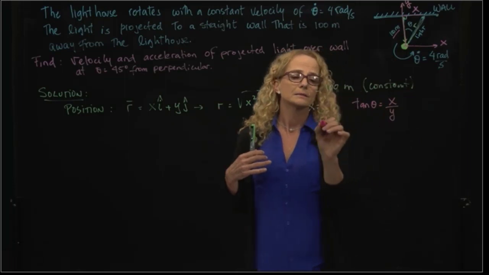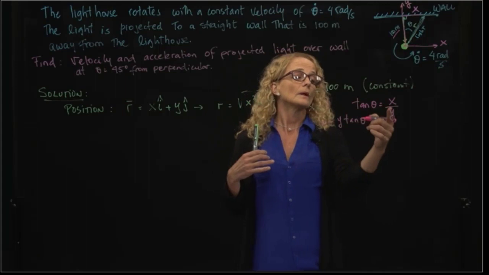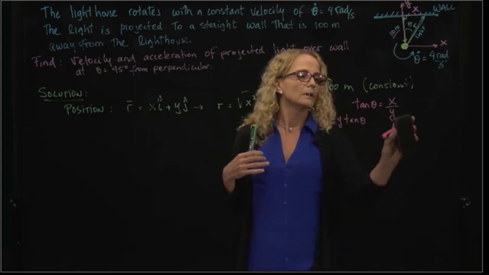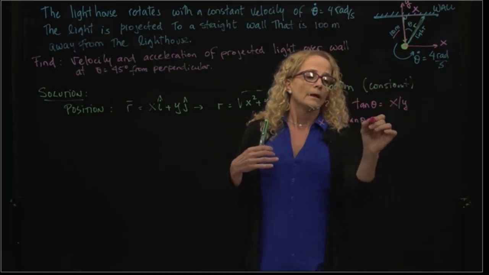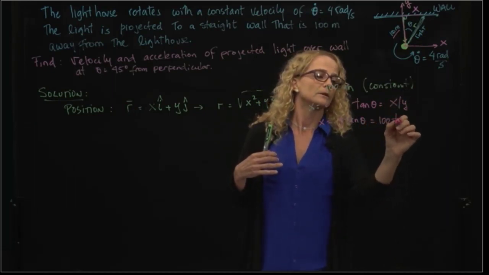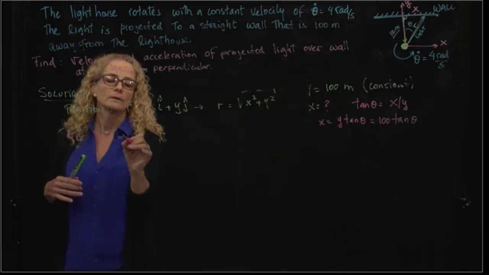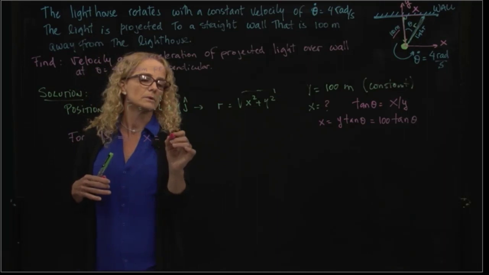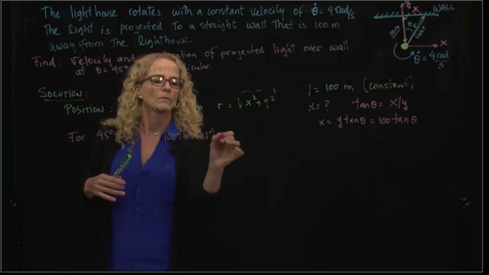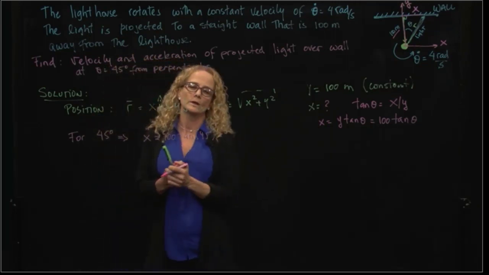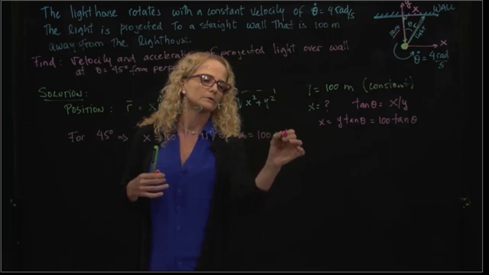So our x is actually y tangent of theta, and y we know, is 100 tangent of theta. For 45 degrees, x is equal to 100 tangent of 45. And the tangent of 45 is 1, so our x is 100 meters.